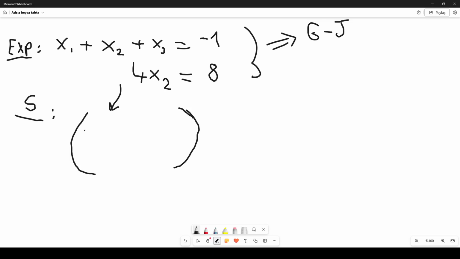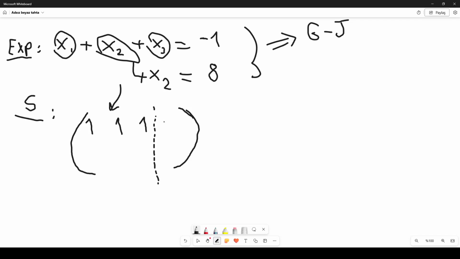We just write down the coefficients of the unknown variables on the left-hand side, which are the coefficients of x1, x2 and x3 in this system, because we have three unknown variables. So write down their coefficients in the matrix form. This is 1, this is 1 again, this is 1 again.